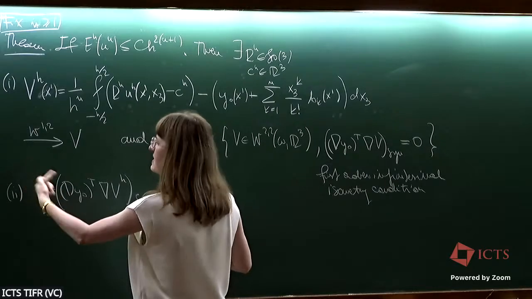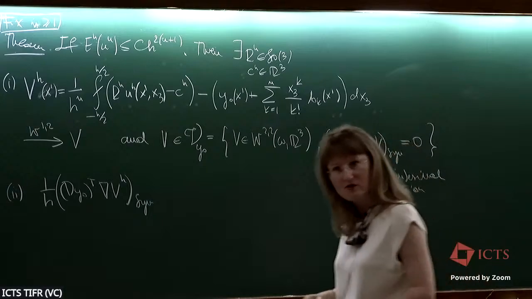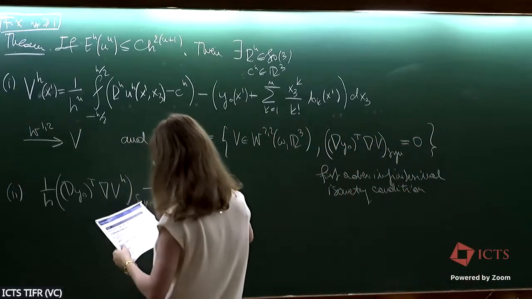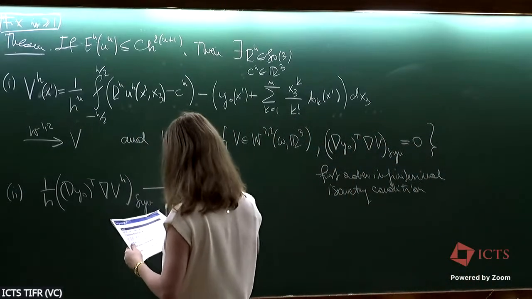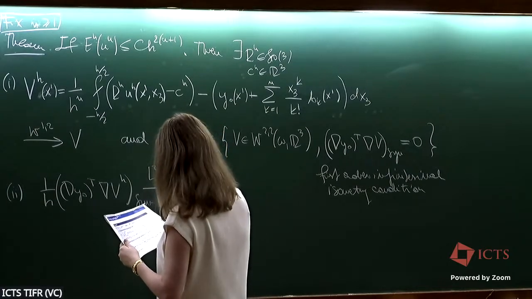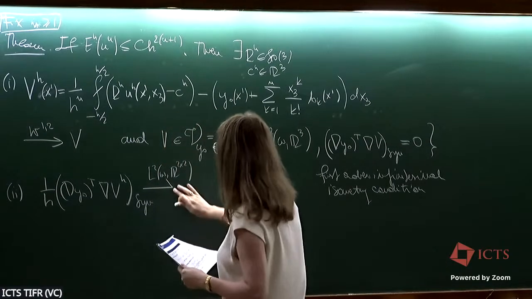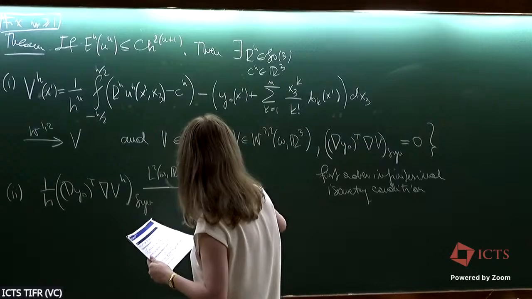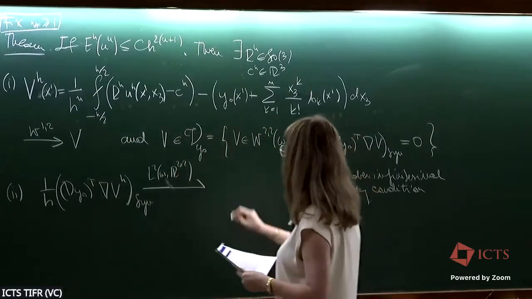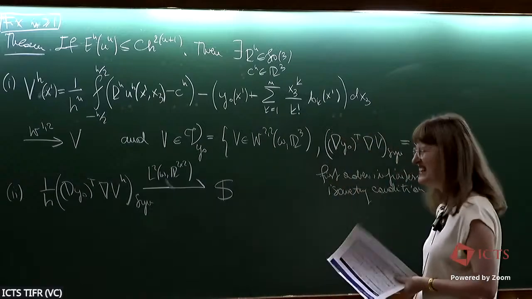Now I scale it by 1 over h, and it turns out it also has a limit. So this actually converges weakly in L2 from omega to R2 by 2, only weakly, to some limit. I call it the limiting strain.